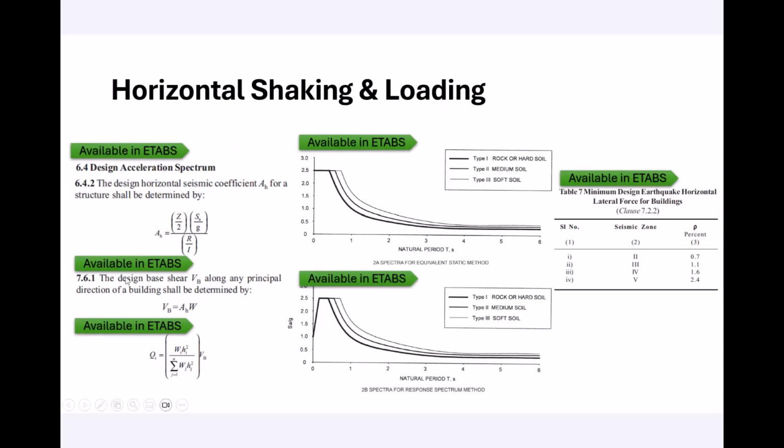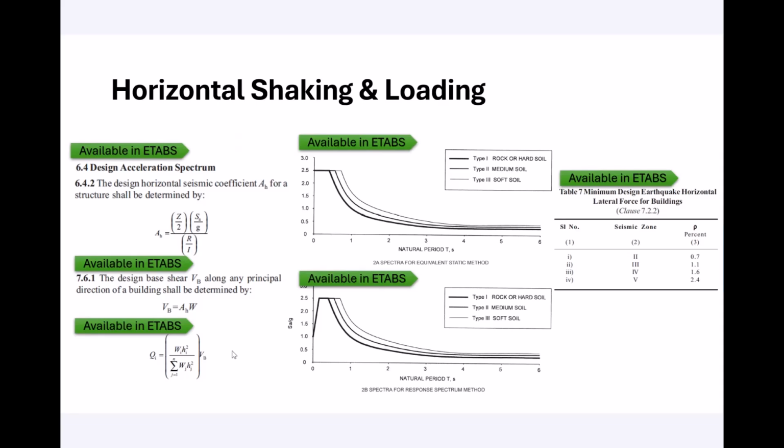The other one is how the base shear is calculated, same as the code. You can see VB equal to AH into W. Now W is the seismic weight, which we will define through the mass source, which is a dedicated definition for any seismic analysis, whether it is linear static, response spectrum, or time history analysis.